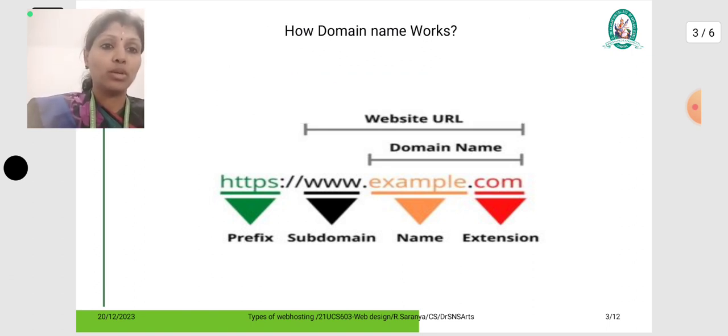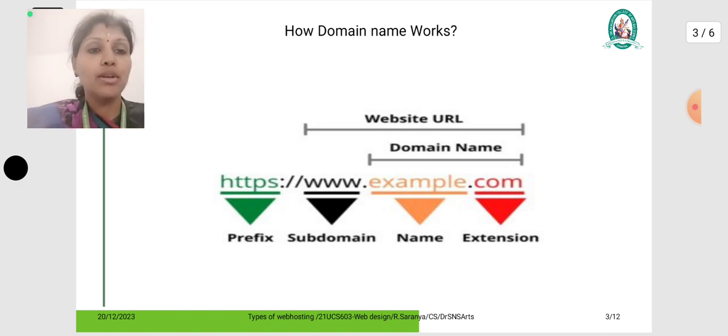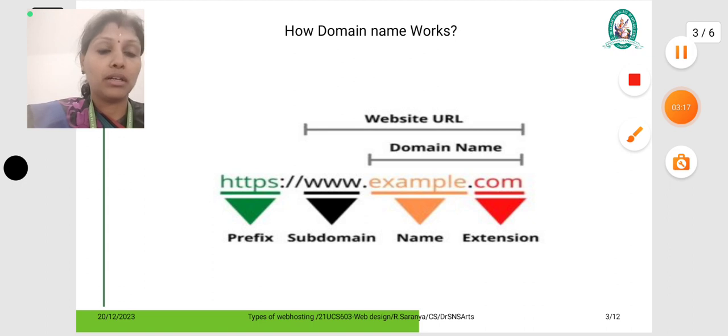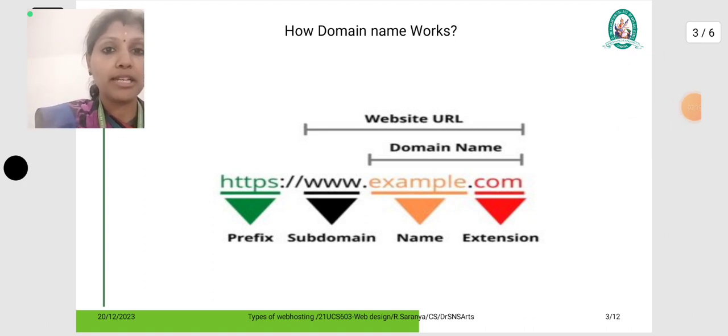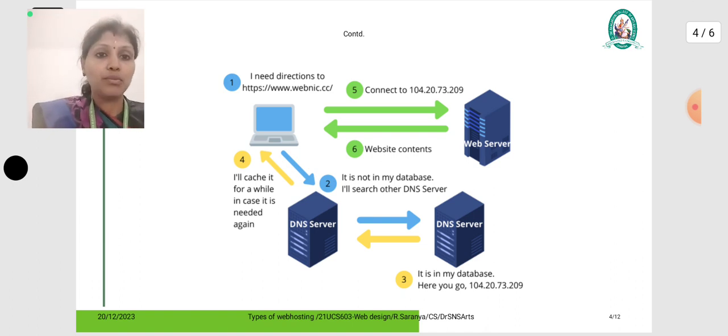Sometimes we develop organizational websites, and we can provide .org. For Indian commercial websites, we can specify .co.in. Likewise, depending upon the types of websites, we can specify our domain name.